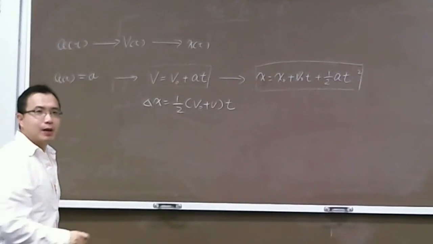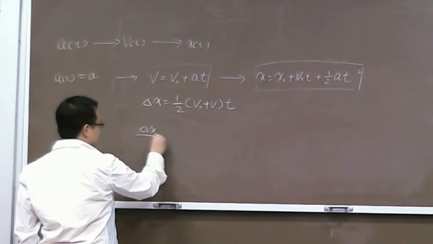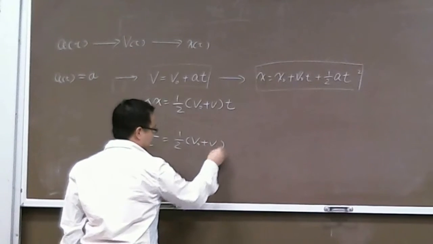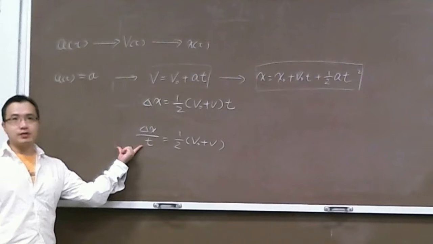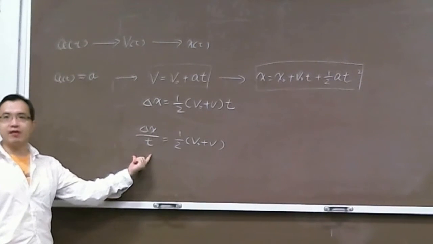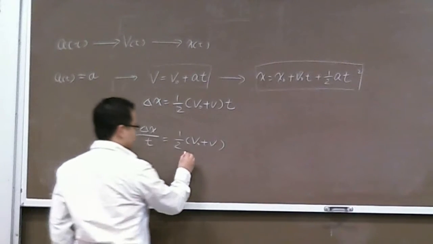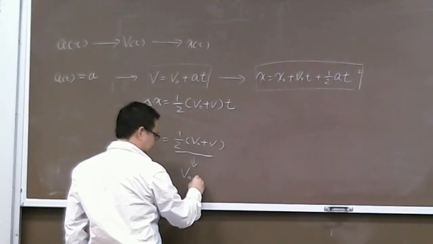If you divide both sides by time t, you get delta x divided by t equals 1/2 (v naught plus v). But on the other hand, this is the definition of the average velocity. Okay, the distance divided by the time interval. So that means this one has to be the average velocity.